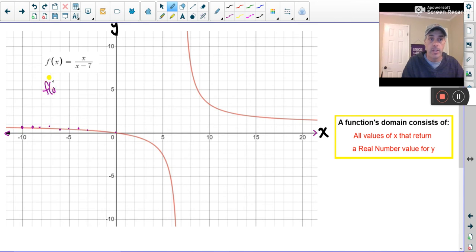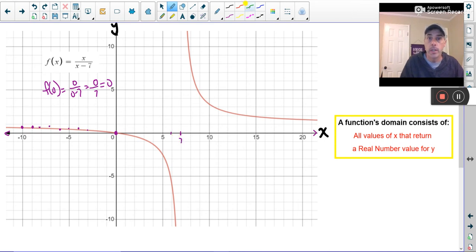F of 0 would be 0 over 0 minus 7, which is the same thing as 0 over 7, and 0 parts of 7 is 0. So you put a 0 in, you get a 0 out. It works there. But what happens is we start to get close to this number, 5, 6, 7.